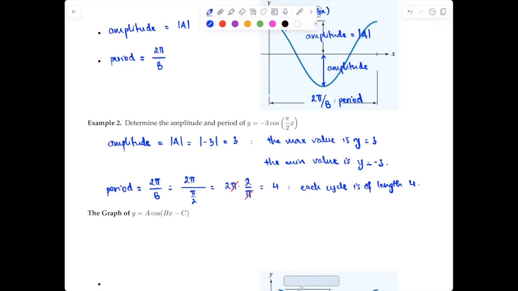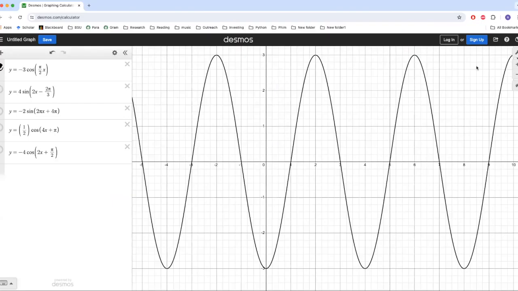Okay, so let me show you the graph on Desmos. This is the graph that I just plotted. The function that we get is y equal to -3 times cosine of pi over 2x. Now we look at the graph of the function. You can see that the highest point of the function is 3, and the lowest point of the graph of the function is -3.